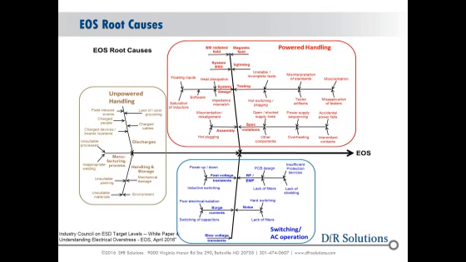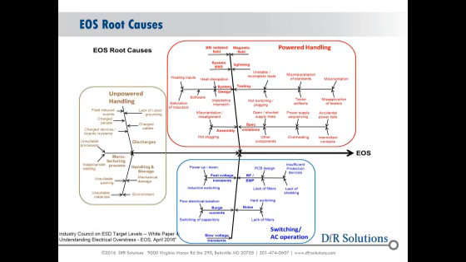That's the event. So in this chart, which is called the fishbone, you've got three main areas that we went over, which are powered handling, which is hot plugging, and anything that occurs while it's powered that can create EOS.